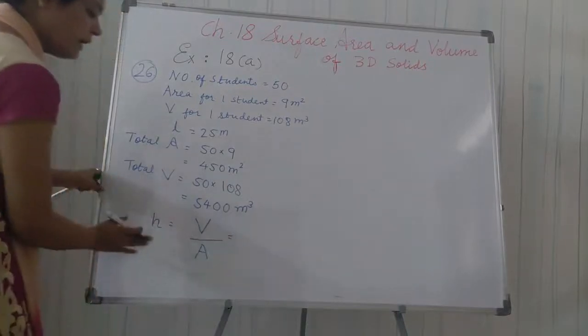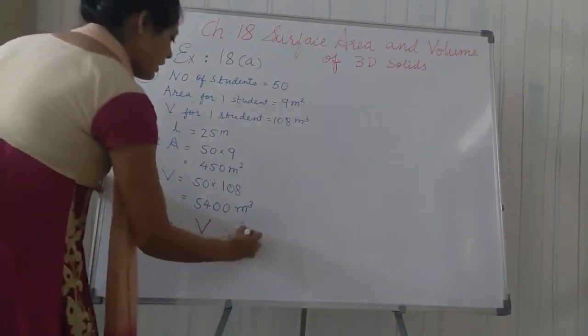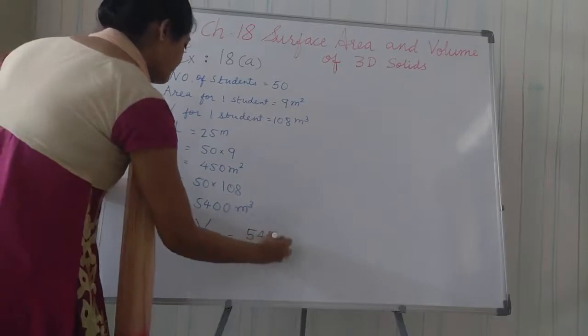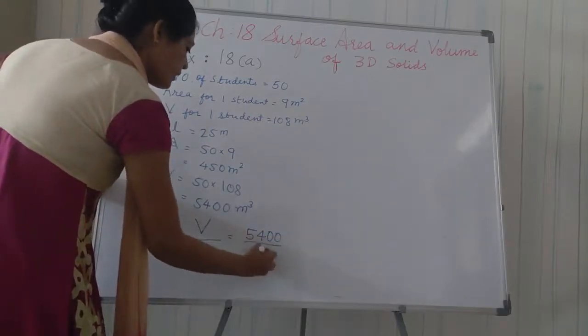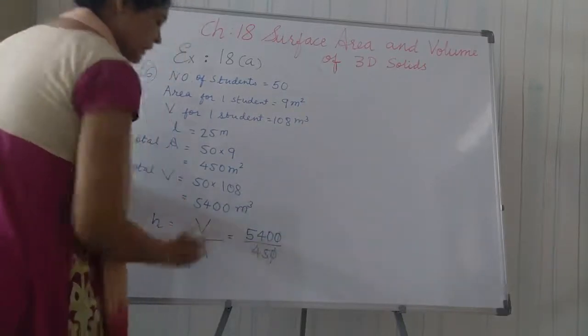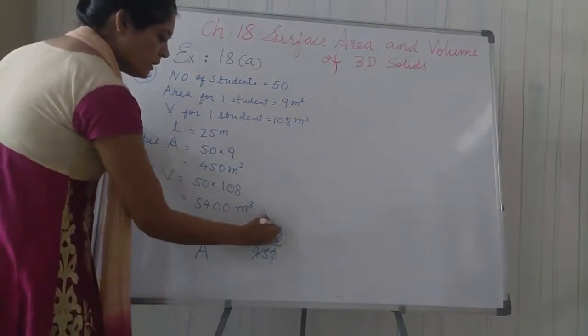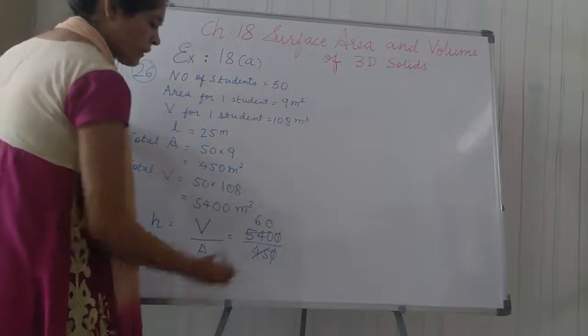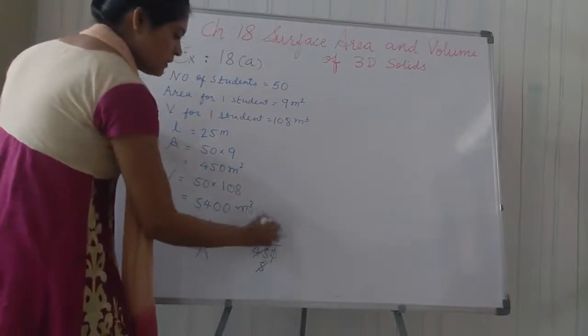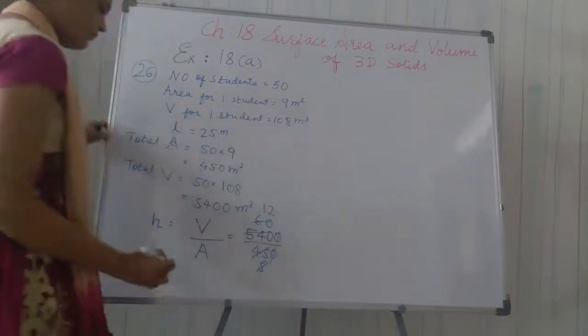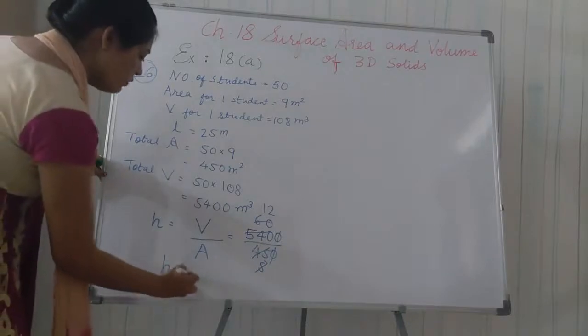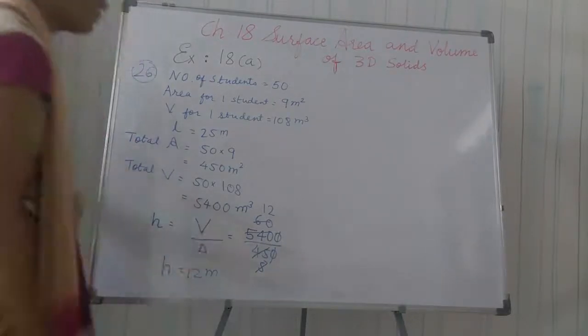So 5400 divided by 450. The zeros get cancelled. Both are divisible by 9. So 9 6s are 54 and 9 5s are 45, and we get 12. So H is 12 meter, the height of the room.